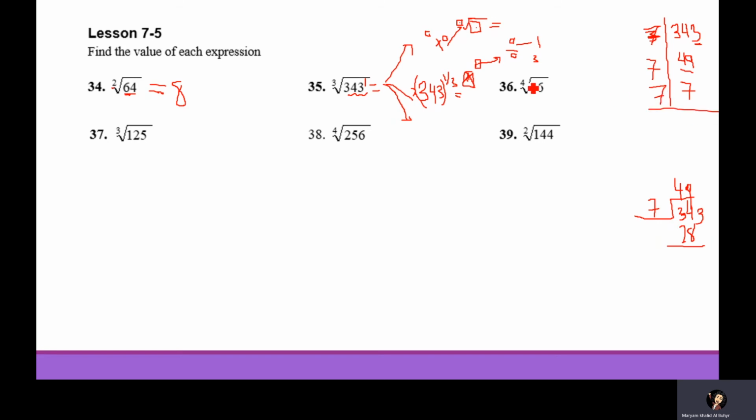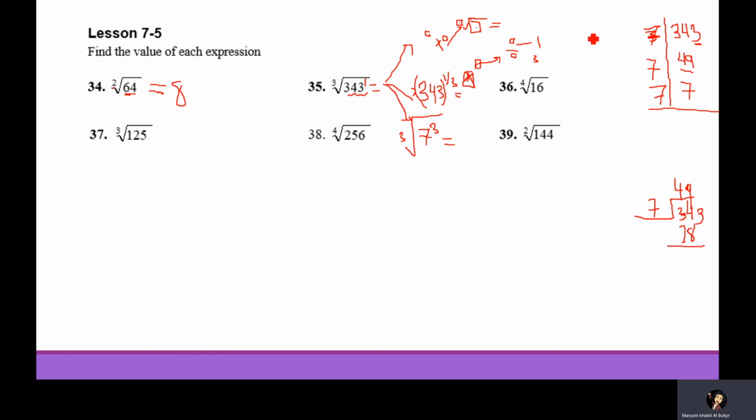So that is 7. So here I will have finally inside 7 to the power 3 under the cubic root. I found a number that when I multiply it by itself 3 times, I will get 343.